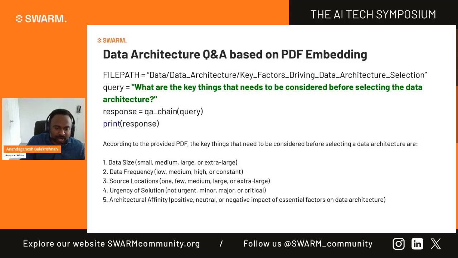Is it a one-time solution, or does it have to be a persistent solution, or based upon the architectural affinity. Whatever data has been given in the PDF gets contextually grounded. So this might not be correct, and needs to be validated.